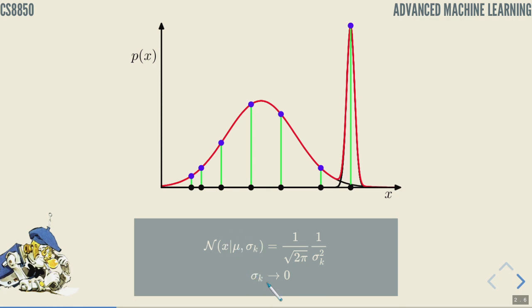Just push sigma to 0, and the closer to 0 you get, the larger your likelihood becomes, and that means an explosion. We get a delta function that goes to infinity, and the whole process, if we're doing it numerically, just blows up. Or even if we don't do it numerically, it's just problematic.